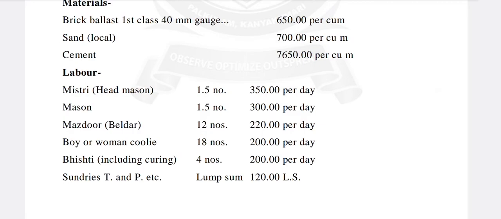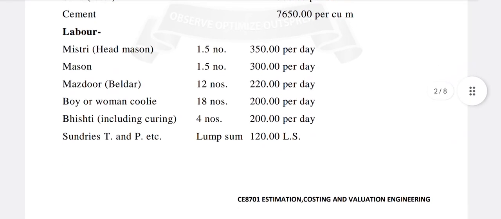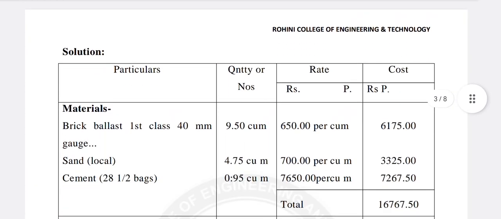For 1:5:10, 9.50 cubic meter of coarse aggregate, 4.75 cubic meter of sand and 0.95 cubic meter of cement. For 1:6:12, 9.60 cubic meter of coarse aggregate, 4.80 cubic meter of sand and 0.80 cubic meter of cement.